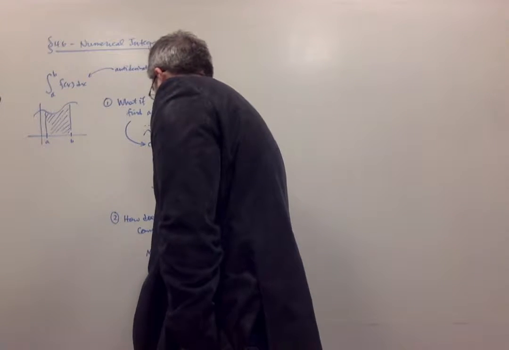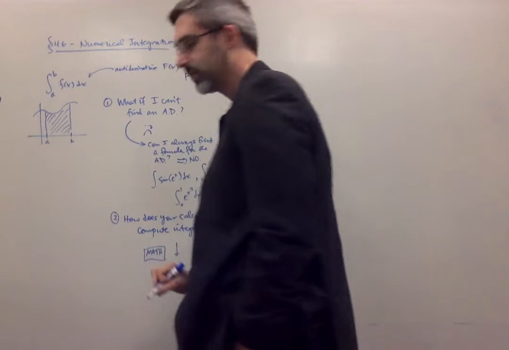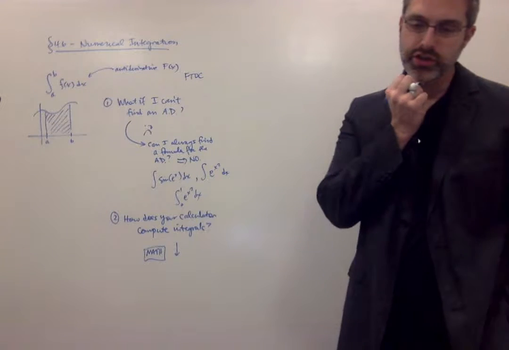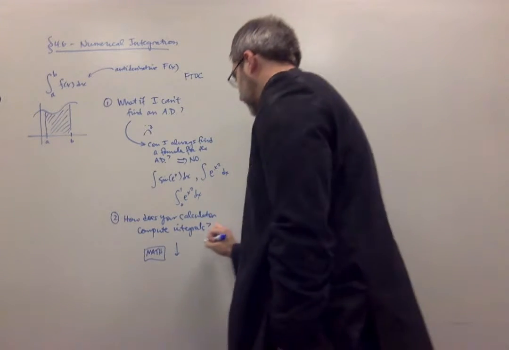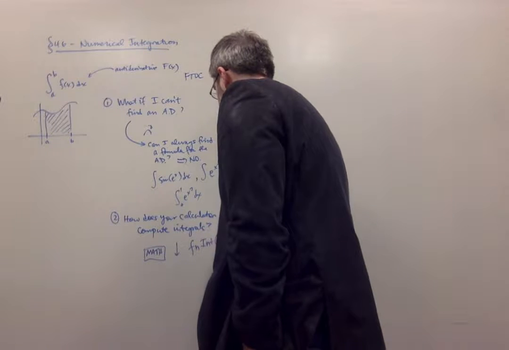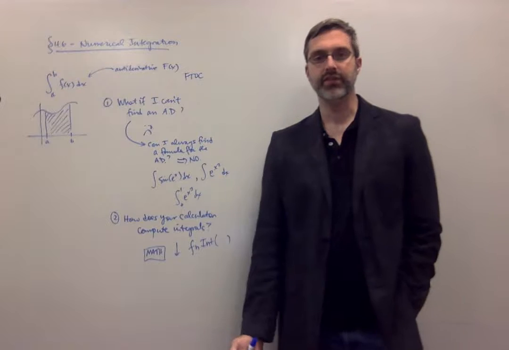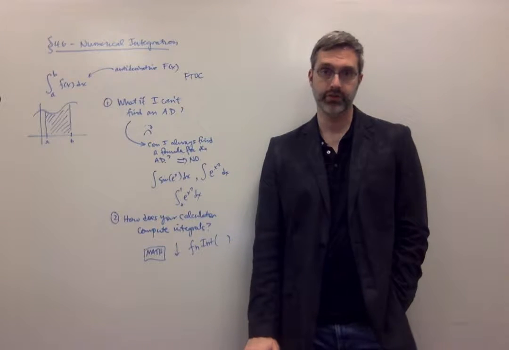If you go ahead and hit the math button and then scroll down until you hit a function that I think is going to be called fnInt, which means function integration. I think it's actually functional numerical integration.